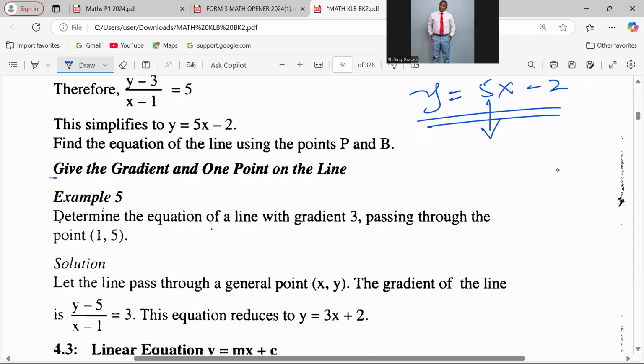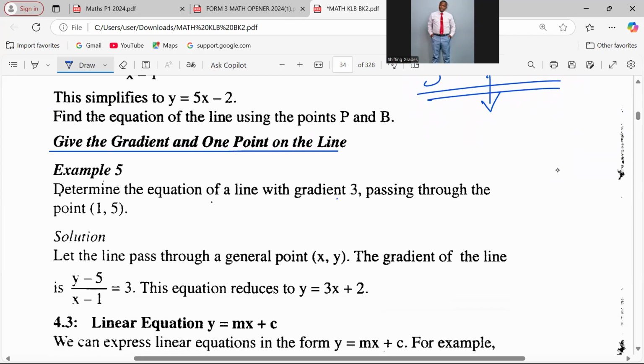You can be advised to give us the equation of a line, but now what is provided is the gradient and 1 point. This is now simpler, because with the gradient of 3 and a point where the line passes, (1, 5), we can just let another point be x, y, and we express our gradient of 3 as change in y, y minus 5, over change in x, x minus 1.